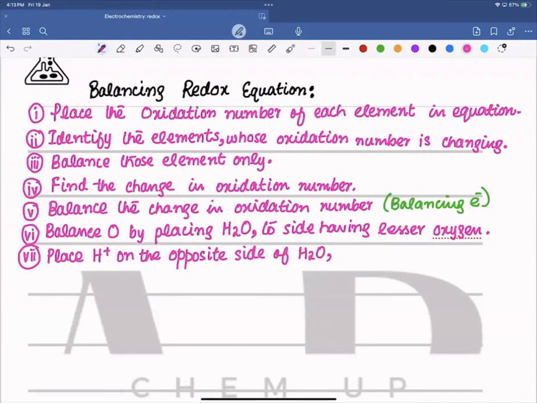So see the side where you place the H2O, on the opposite side you are going to place hydrogen ions to balance hydrogen atoms, to balance hydrogen in the equation.